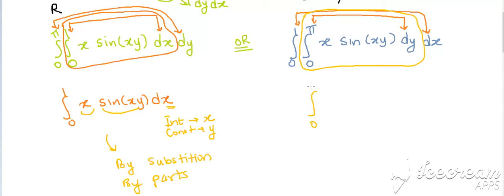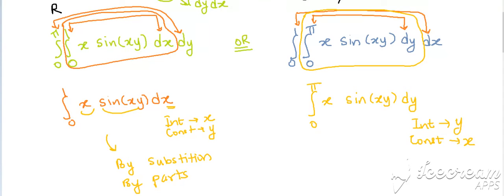It is the integral from 0 to pi of x sin(xy) dy. Now if you remember, here we are integrating with respect to which variable? Because of dy, it is y, and which variable is constant? The variable x is constant.